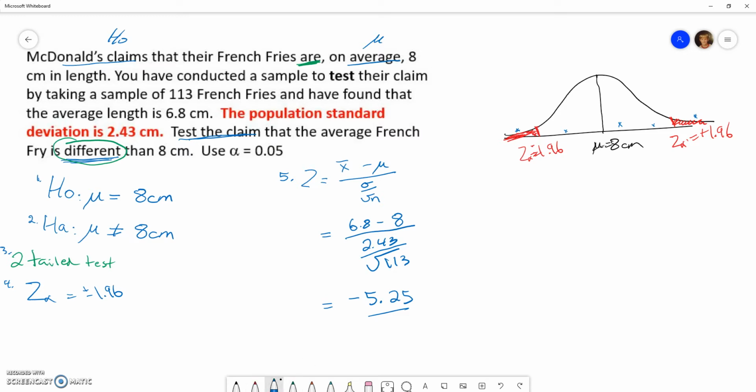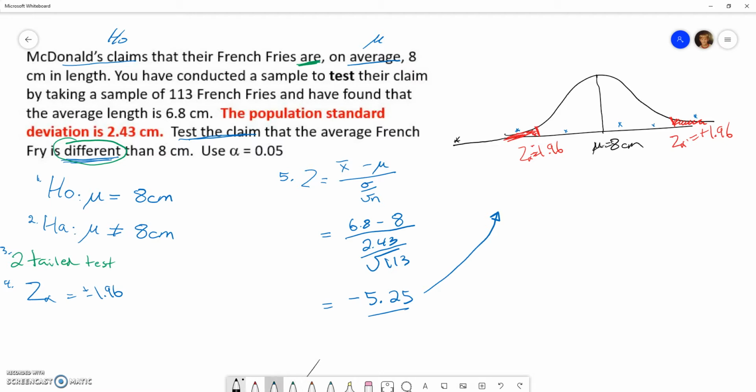That's a really big Z value. Usually Z values are between negative 3 and plus 3, somewhere in that range. But negative 5.25, if we put this value on this normal distribution, is going to go, let's extend this a little bit, way out there.